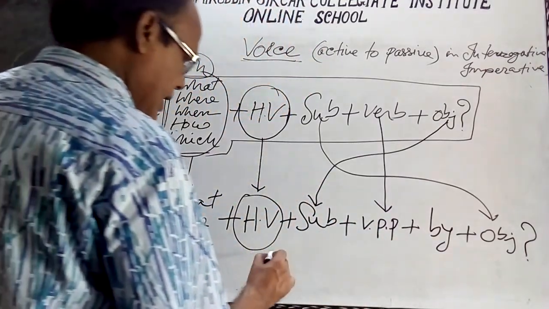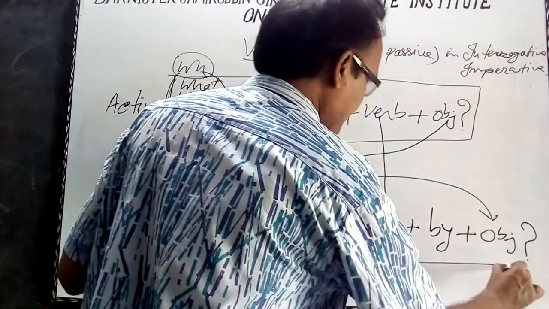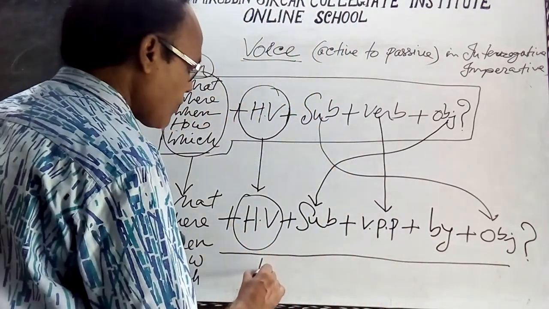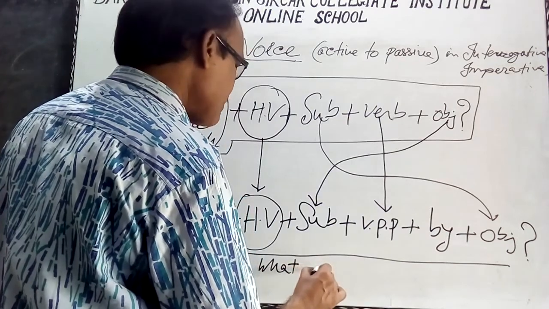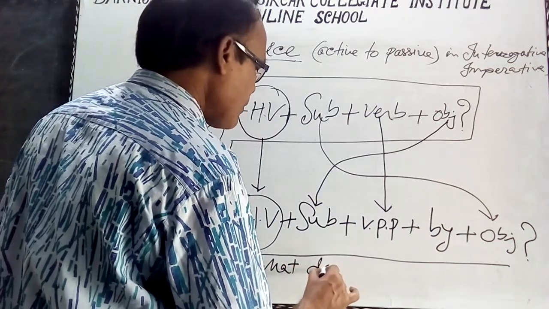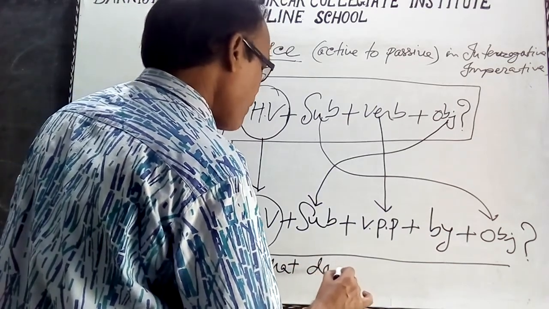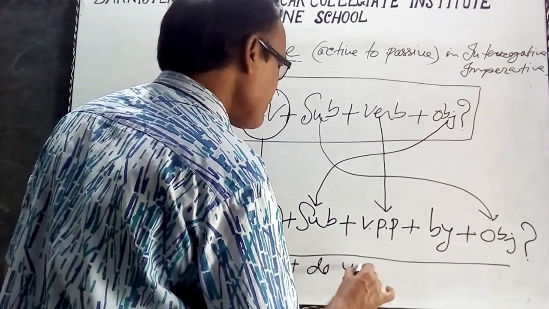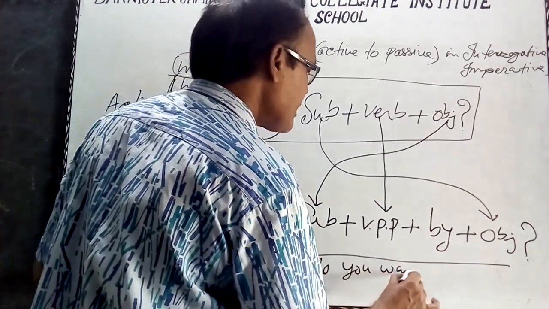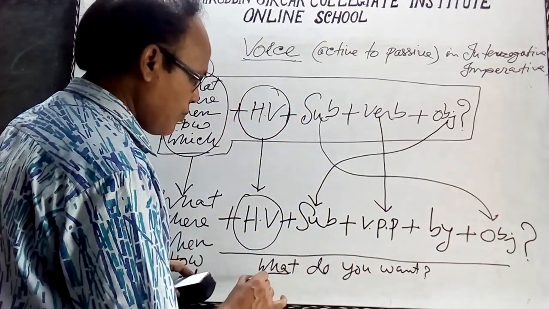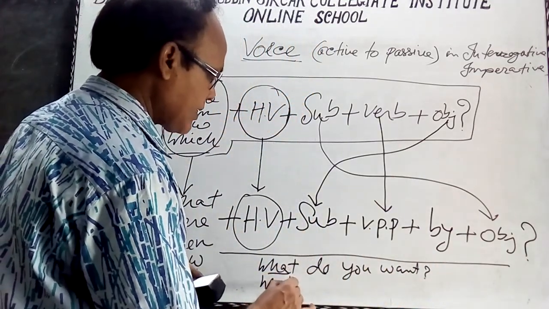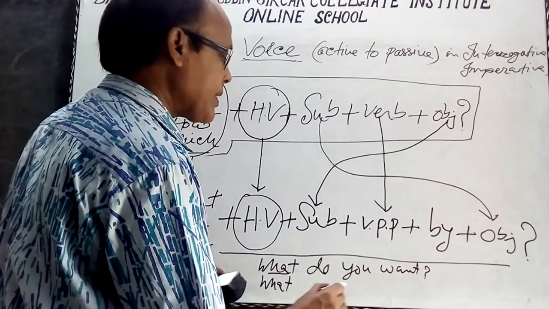So now let's see an example here. What do you want? There is what, so we must begin the sentence with what in passive voice.